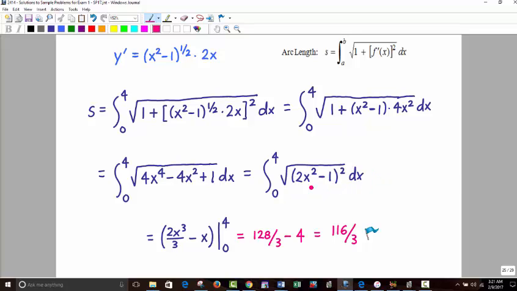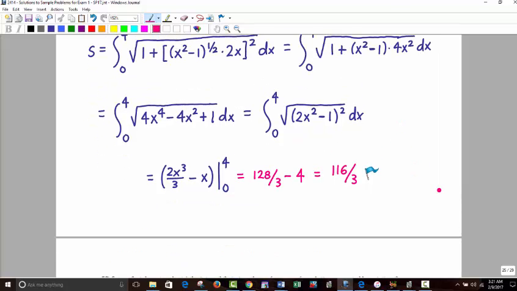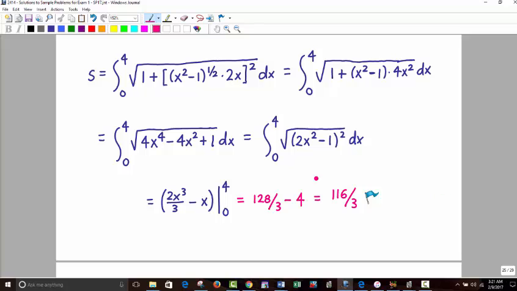But anyway, what I did from here to here is I'm just integrating 2x squared, 2x cubed over 3. Antiderivative of 1 is x. From 0 to 4, plug it in, and the exact answer is 116 over 3. So that last part might have been the trickiest part of the whole problem, just realizing that it factored into that perfect square. So now that you know, that'll be real convenient in case that comes up.